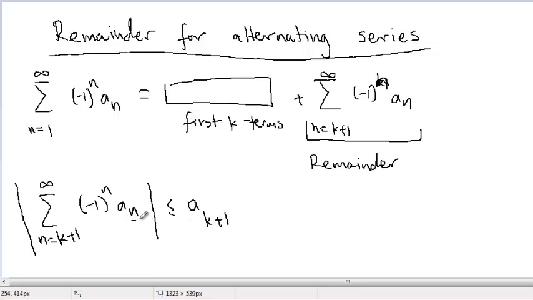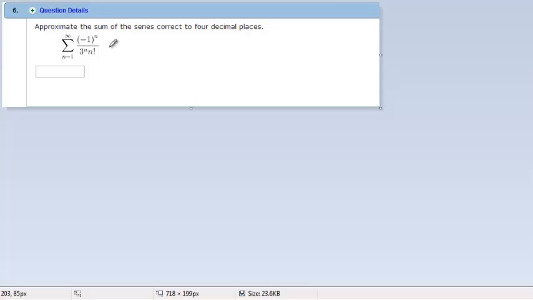In other words, the very first term in this alternating sum is the largest possible value for that remainder piece. Okay? So that's quite important, and we will make use of this in the next two problems. And as you can see, I don't have to take any improper integrals or anything like that. Let's look at the following problem.